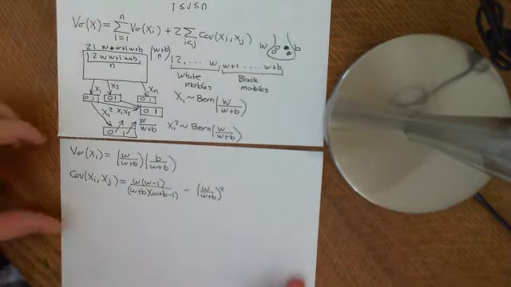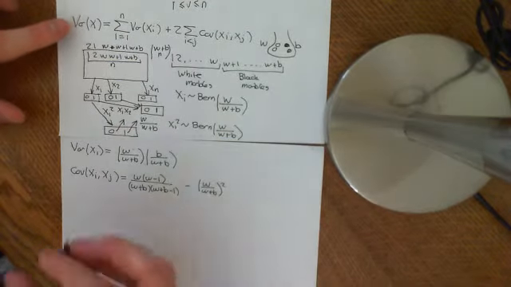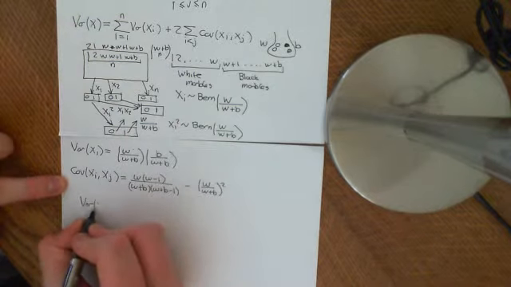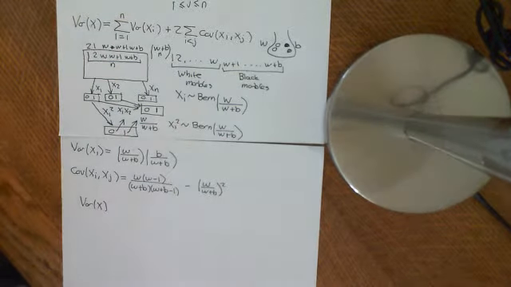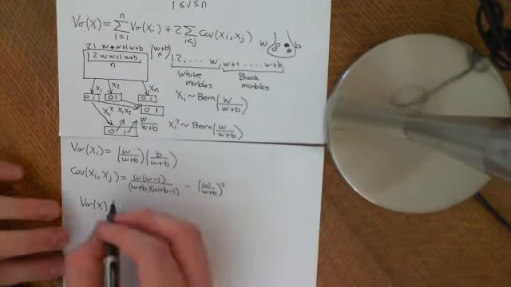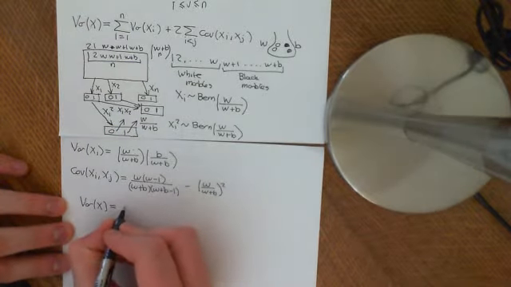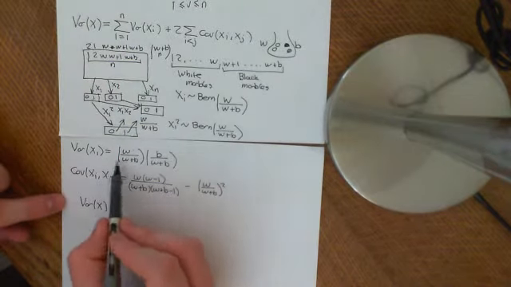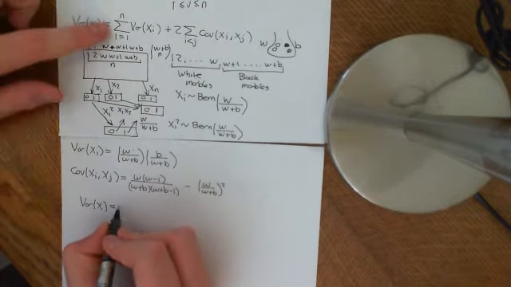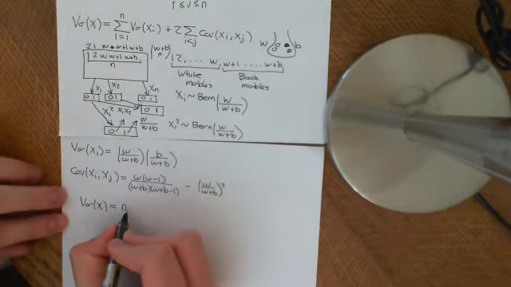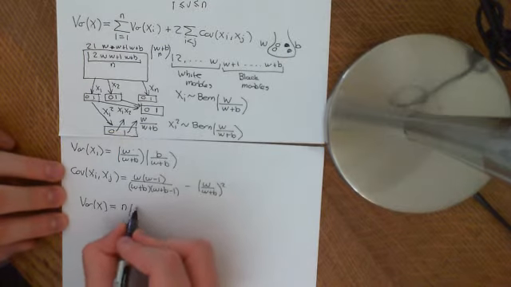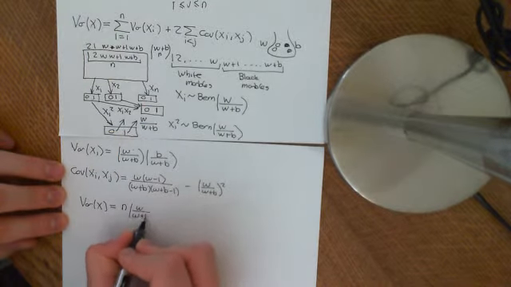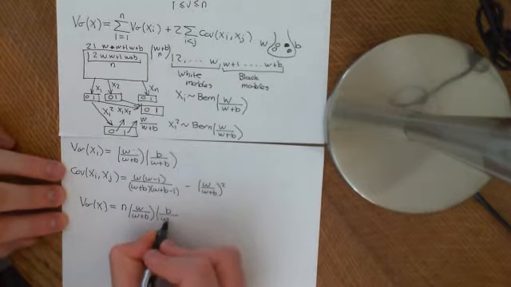Right, okay, so now let's use those to work out this great variance here. So the variance of x, which is the random variable telling you how many white marbles you overall pick out, so it's the random variable ascribing to every single outcome how many white marbles you in total picked out, is equal to the sum of all the variances, which is just the sum of a constant, this constant here. So you sum up n lots of that constant and you get n times w over w plus b times b over w plus b.